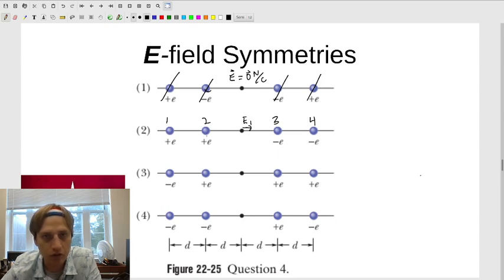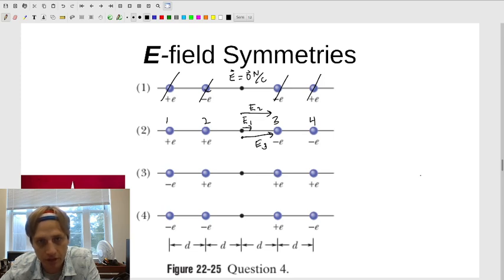My E2 is also going to be pointing away because it's positive, but it's going to be bigger because the particle is closer. So there's my E2. And then I also am going to have my E3, which is going to be big because it's close. Same magnitude as E2. And then my E4, which is going to have the same magnitude as E1.